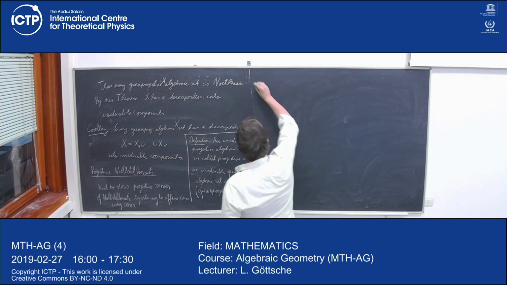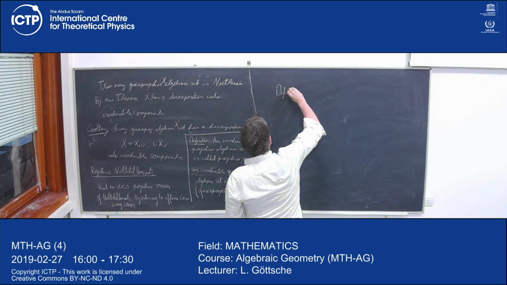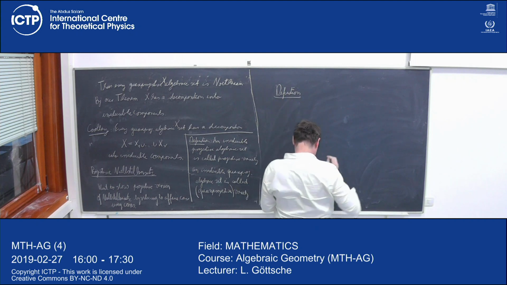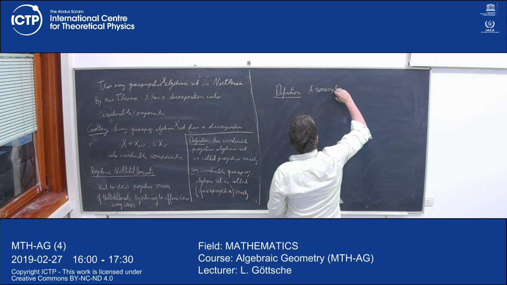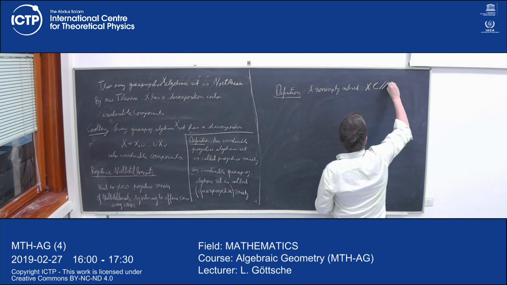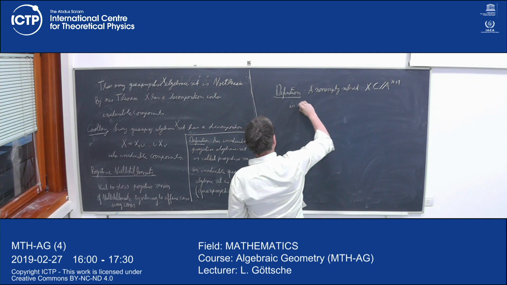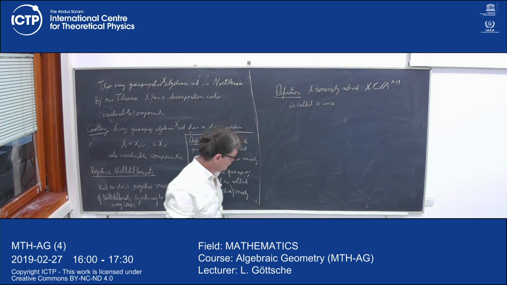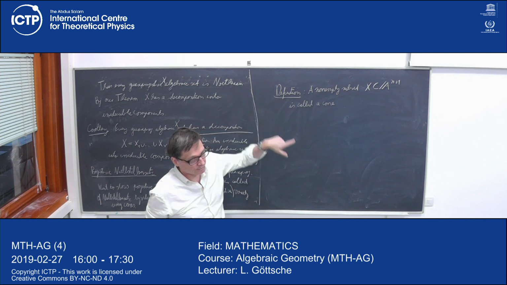So, definition. A non-empty subset X in k^(n+1), I will always write it with n plus 1, is called a cone if it looks like a cone, which means that for every point it also contains the line through that point and the origin.